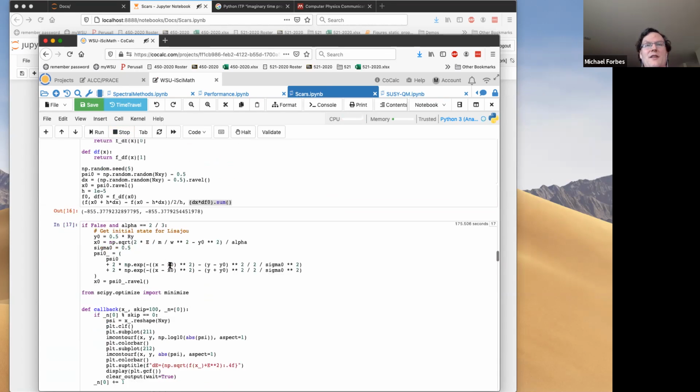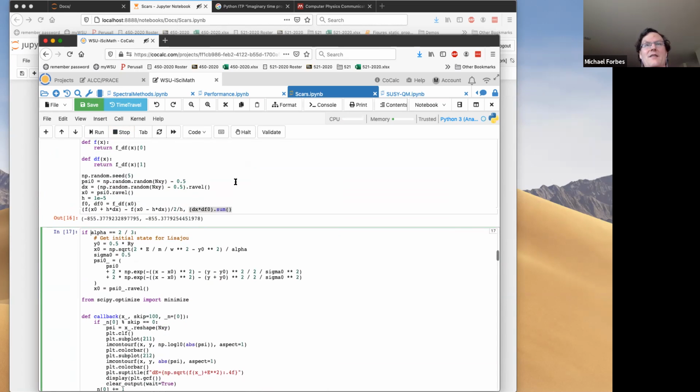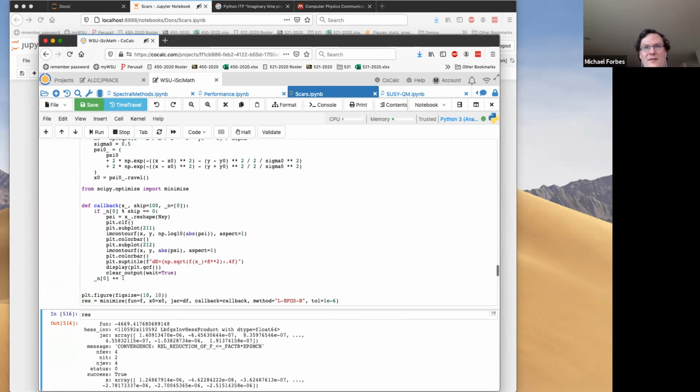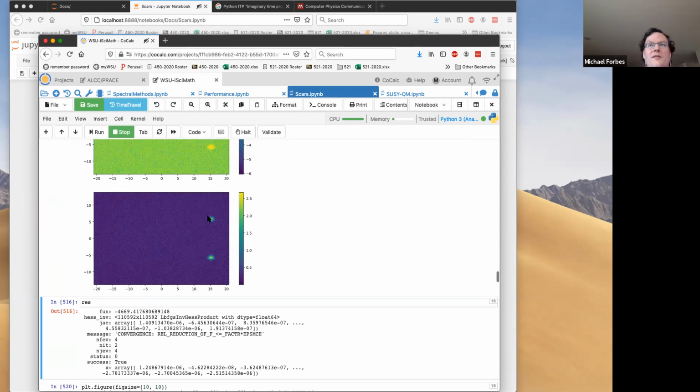But to do that, what I did here is I added to the random initial state that I was giving it before a Gaussian at plus or minus these points. I randomly picked a point on Y, which was halfway up, and then I picked the point on X that corresponds to the same energy. And I put a Gaussian there and at the minus one. So now if I run this, you'll see I have these two blobs here and here.